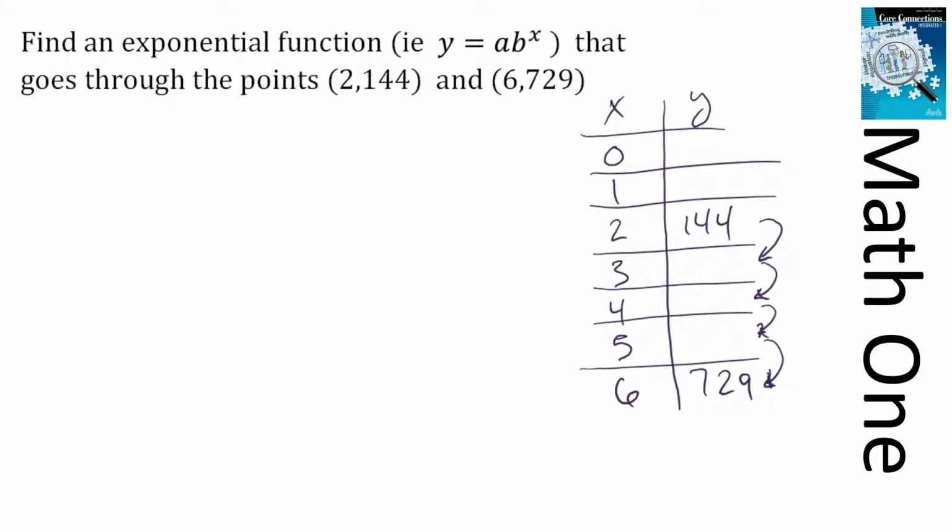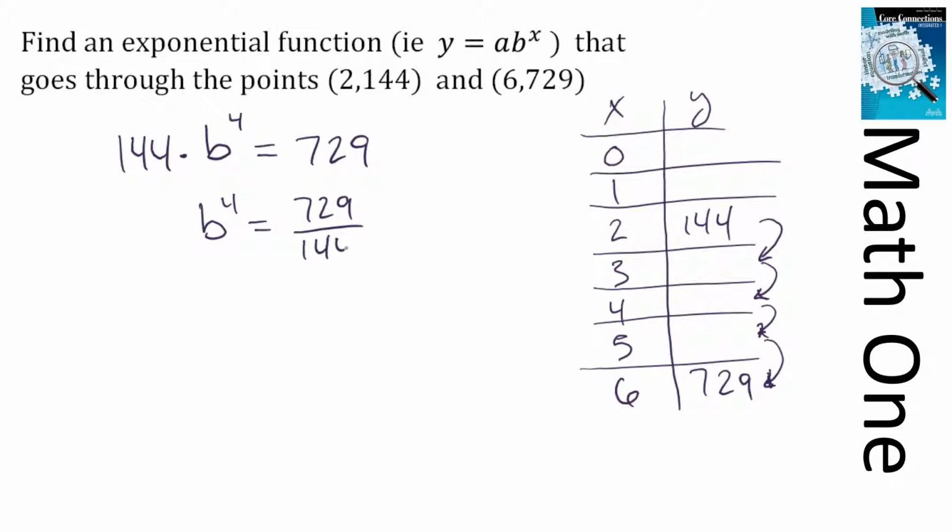If we take the number 144 and multiply by 4 factors of b, or I could write it as b to the 4th power, I will get 729. Now I could isolate b to the 4th power, which has to equal 729 divided by 144.